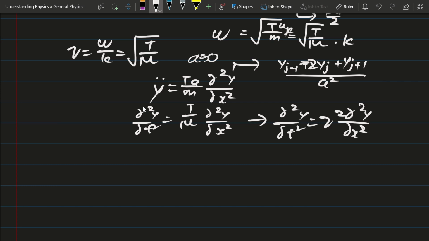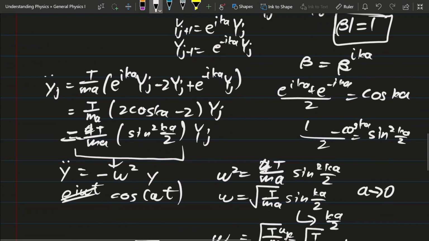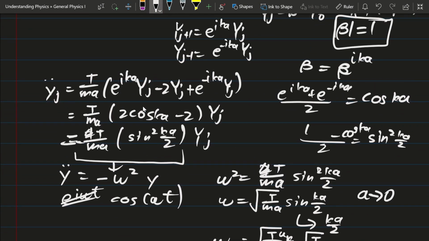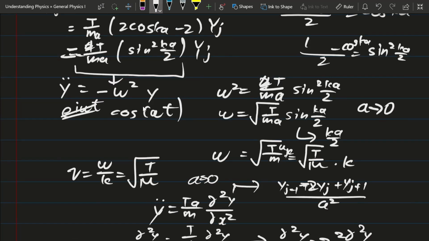So you do see now that the wave equation, you could actually get it from mechanical waves. So that's interesting. And also, another thing that I haven't really explained was why did I assume e to the power of ika? Why not something else? Well, the real answer is that if you set this guy to be a, and then apply the translation matrix multiple times, you would get that the multiplication factor would be e to the power of ijka.